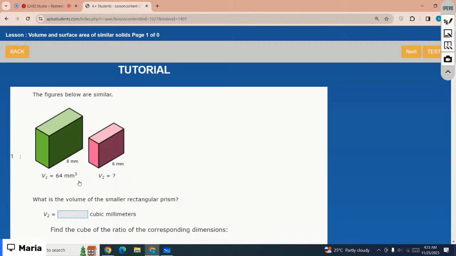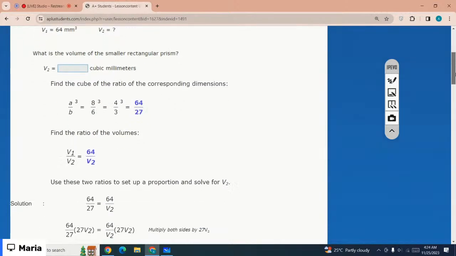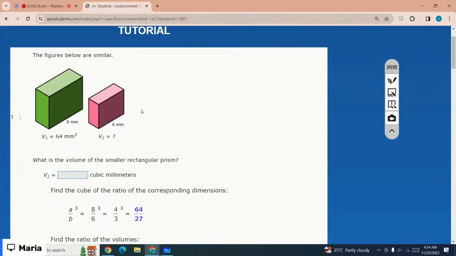Basically, when we are working on similar figures, you can make the proportion between their similar sides and then you can equate them. For example, because you are working on the volume, you have to do a over b. A over b is the similar sides, right? Let's say a is 8 and b is 6, so that would be 8 over 6.